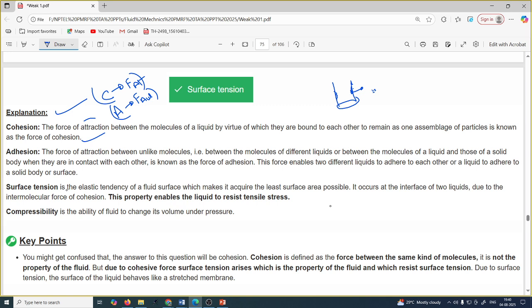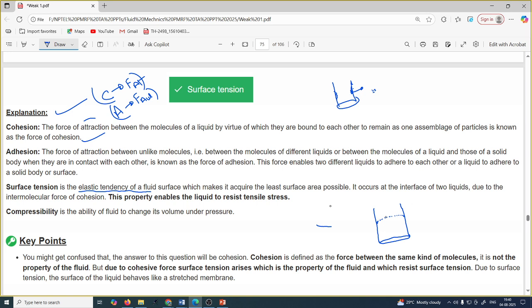The surface tension, now let us read, is an elastic tendency of a fluid surface which makes it acquire the least surface area possible. Remember please. Why the least surface area? As I was discussing previously, if you take the water, what will happen? Your fluid will be like that, a little bit lower.